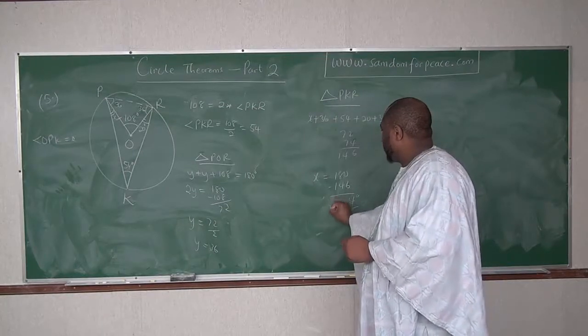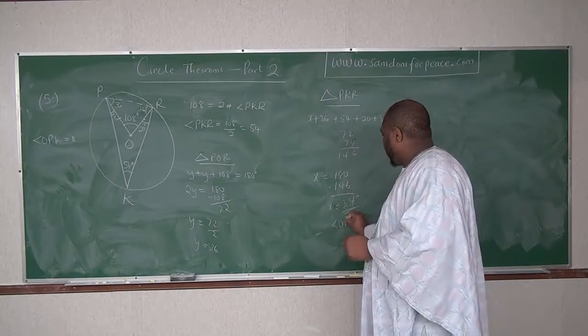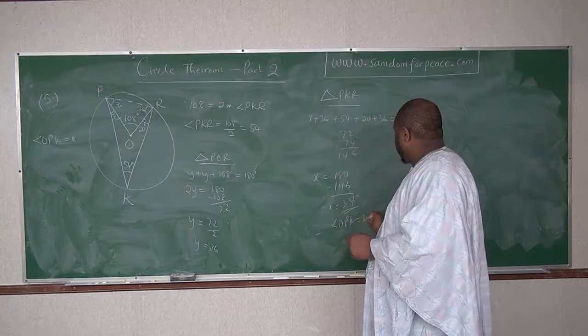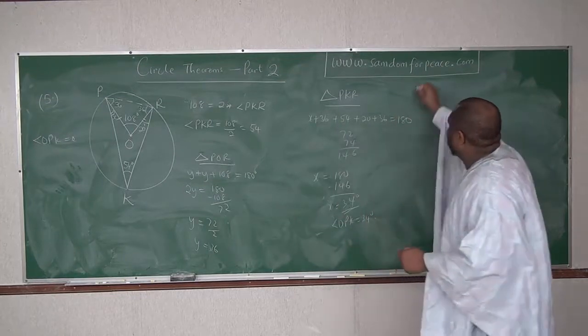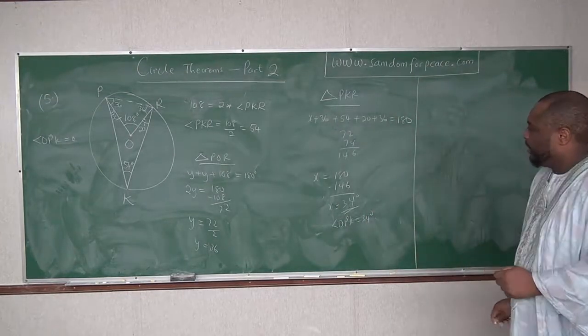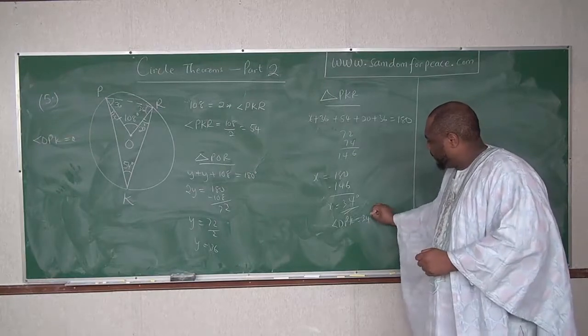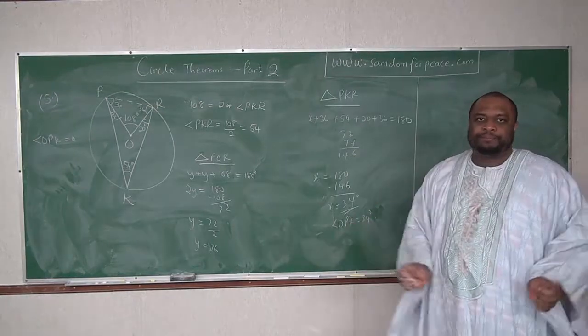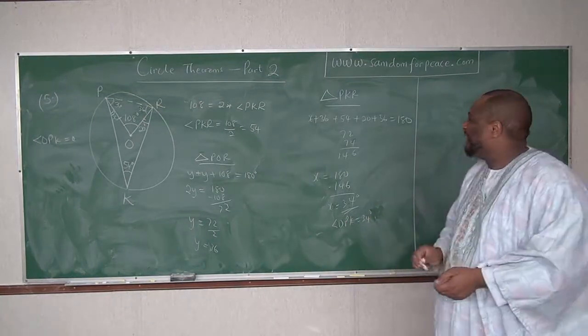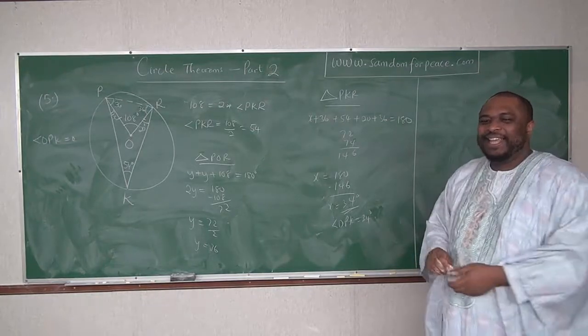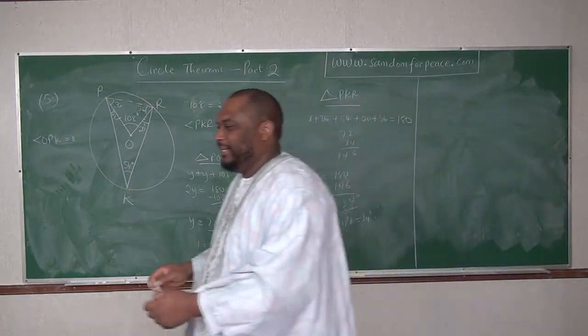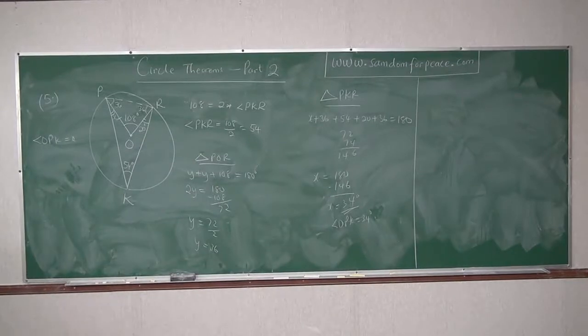So angle OPK is 34 degrees. That's the answer. Angle OPK is 34 degrees. Okay? Does that make sense? Alright. Let's do the next one.